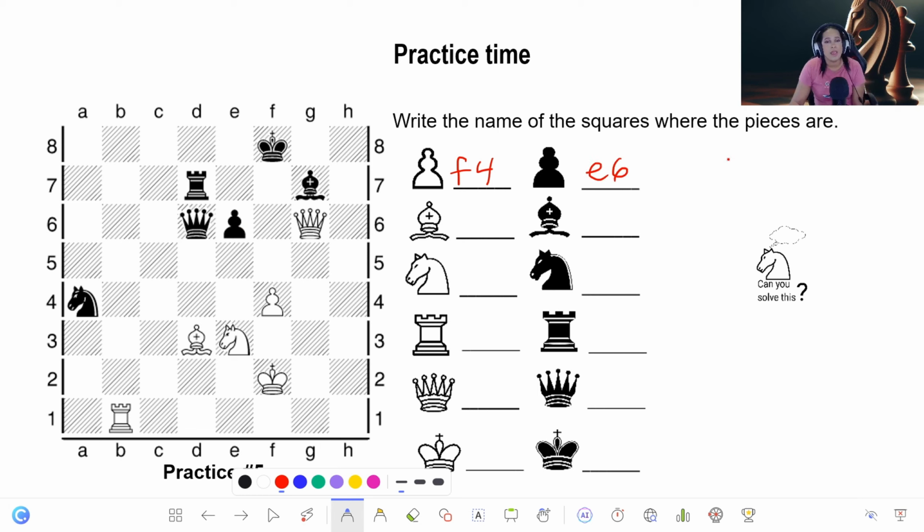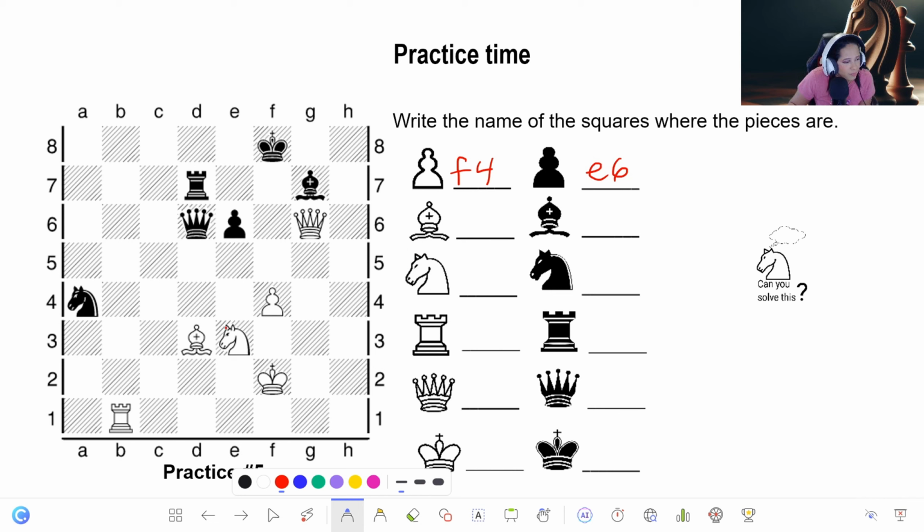E6. Okay. From here, you could pause the video for a while and do it by yourself. And then when you finish, you unpause the video to check your answers, okay? Did it? Okay, let me see.